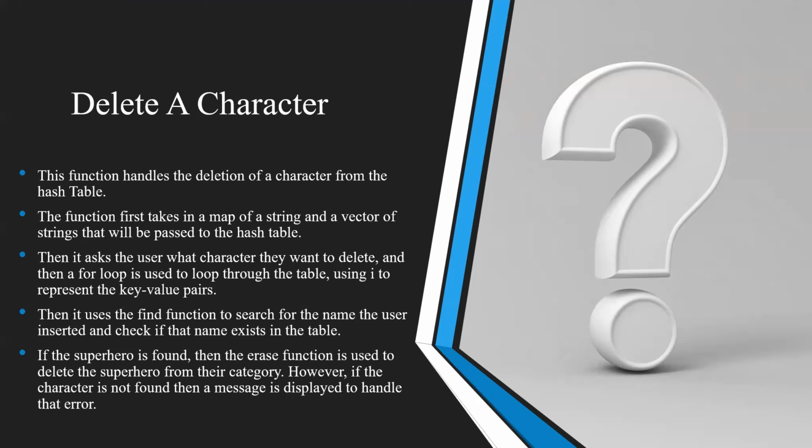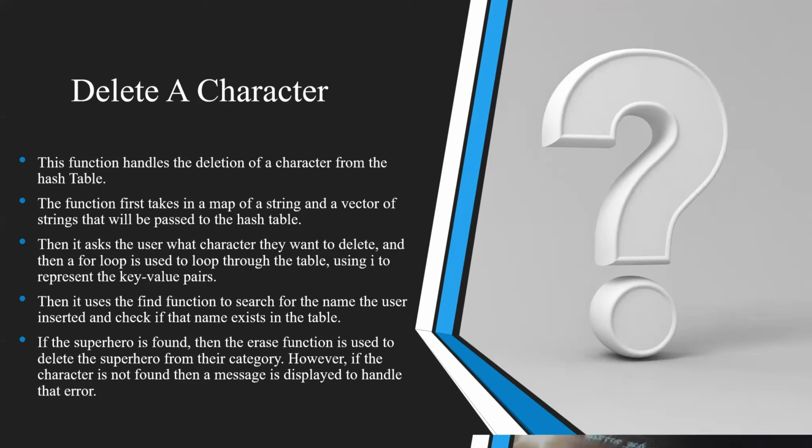Then it uses the find function to see if the name that the user inserted matches a name in the table. It checks through each of the categories, and if it does match, then the erase function is used to delete that superhero from that category. If the character is not found, a message is displayed to handle that error.